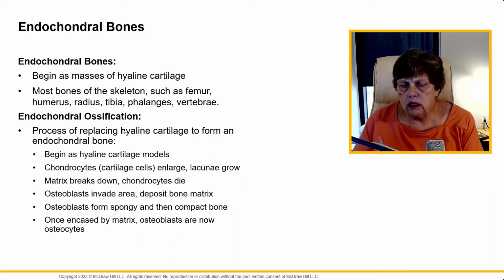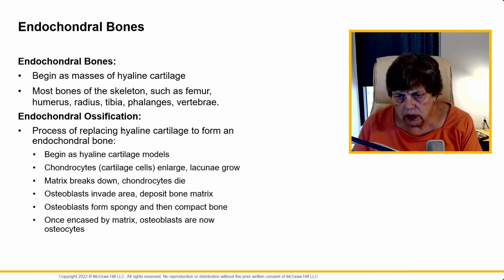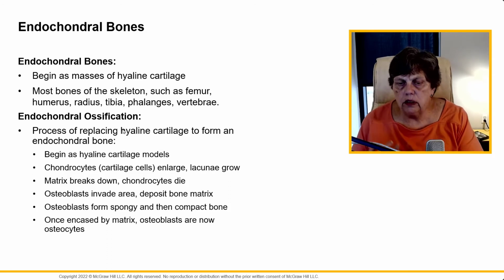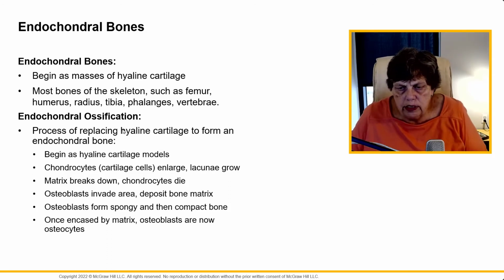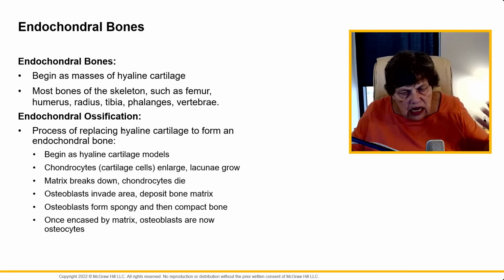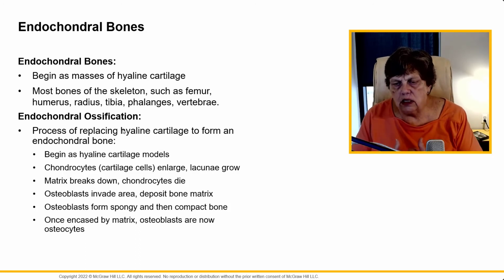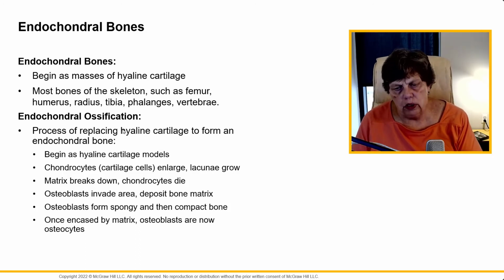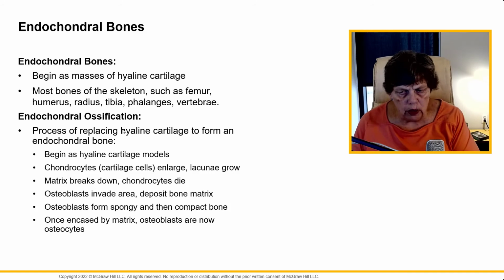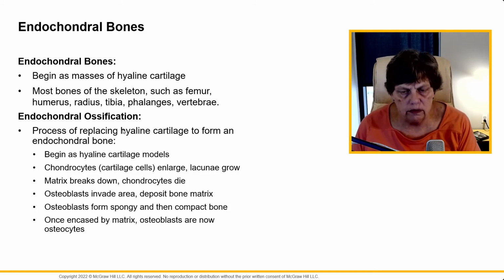And the chondrocytes, the cartilage cells, these have differentiated, enlarge, the lacunae grow, the matrix breaks down, the chondrocytes die, and the osteoblasts then go in there and deposit bone. And this forms the spongy bone, and then finally the compact bone.